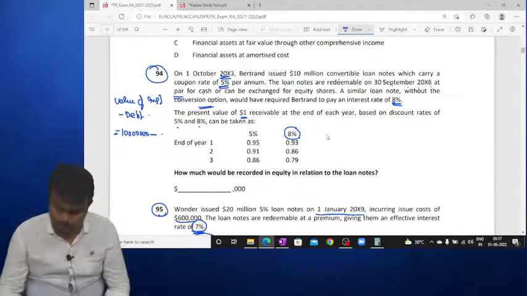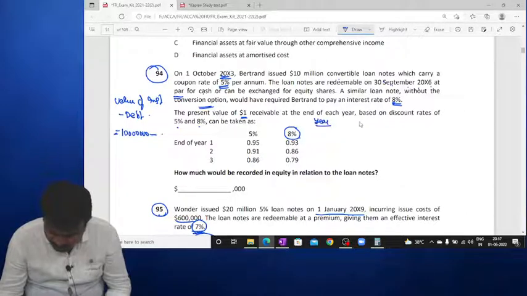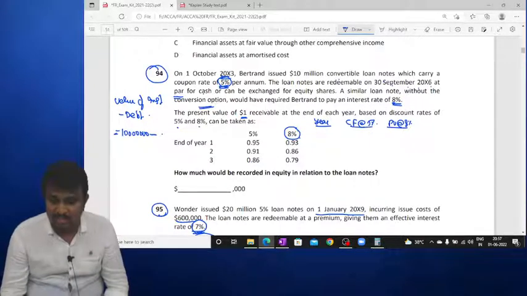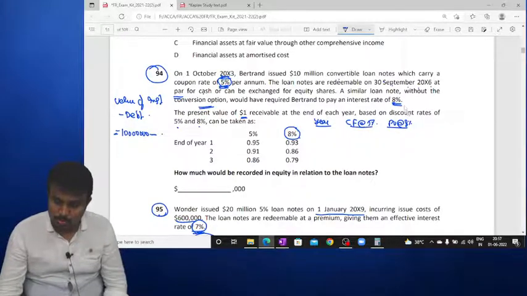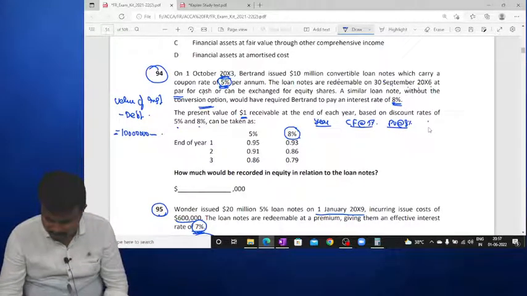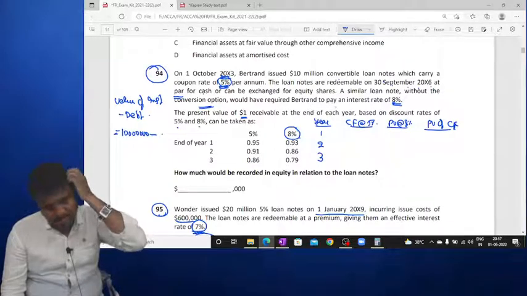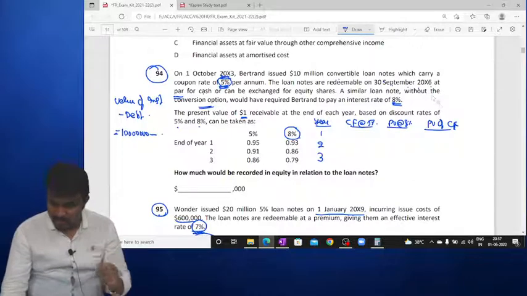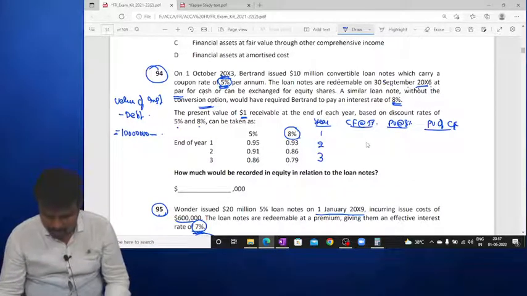Present value of the cash flows, where cash flows are at the coupon rate of 5%, and present value factors are calculated at the higher rate, that is, the rate for a non-convertible instrument. How many years are there? 3 years: X3 to X4, X4 to X5, X5 to X6. Clear? 3 years. Then 5%.